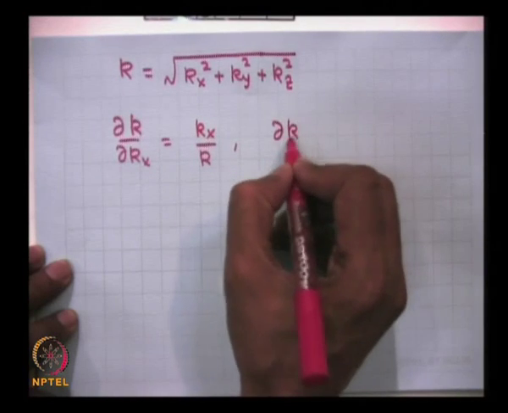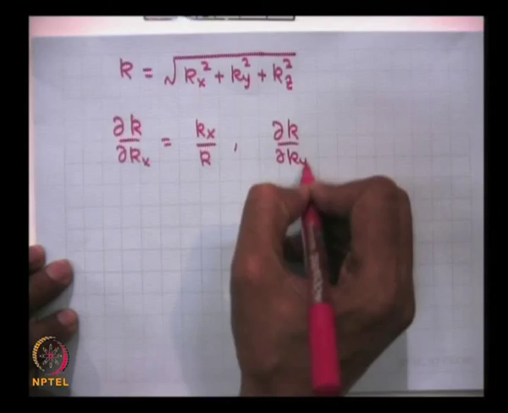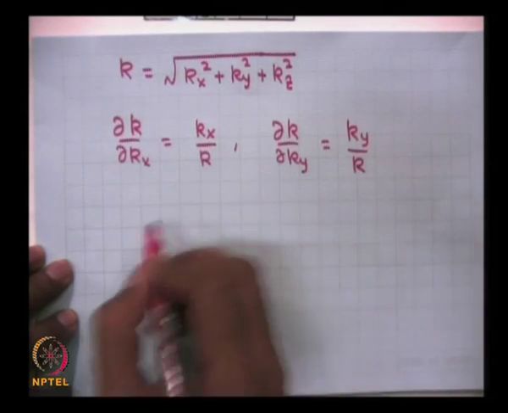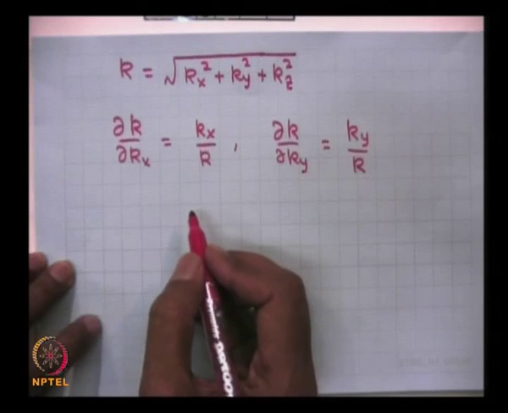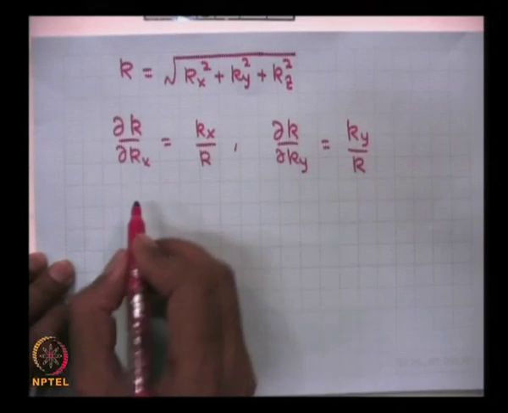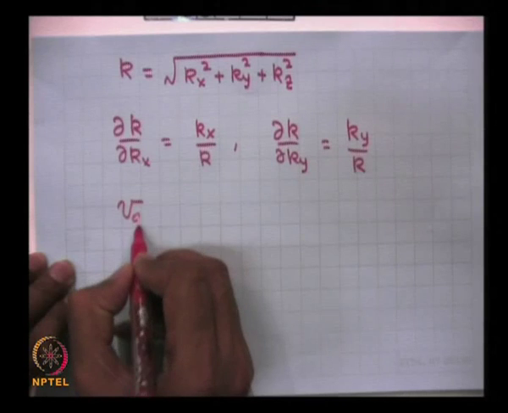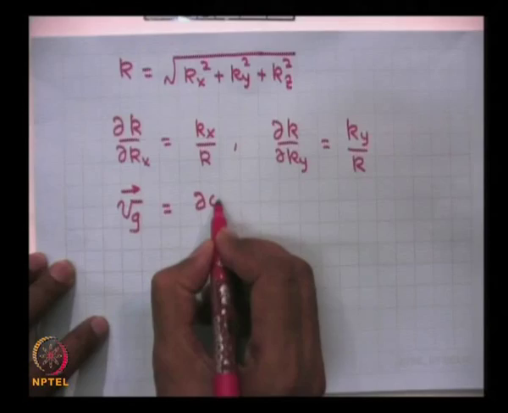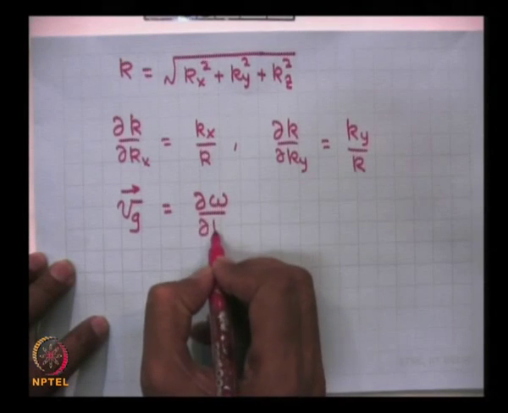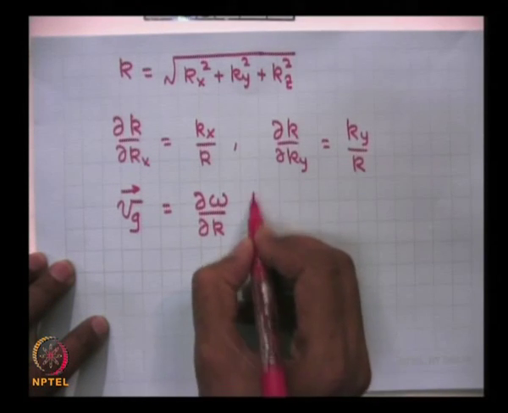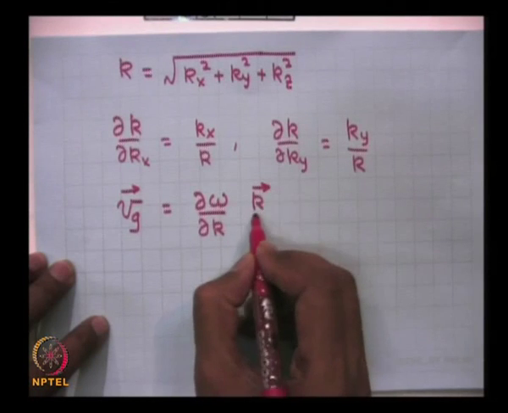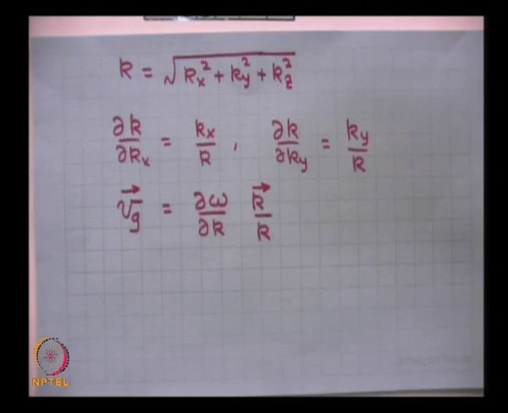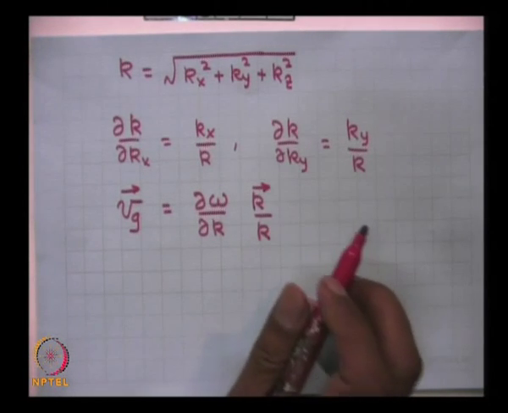Similarly, delta k upon delta ky turns out to be equal to ky upon k, and similarly delta k by delta kz you can write. So, what happens is that the group velocity can be written as delta omega by delta k magnitude into k vector upon k, which is the n unit vector, the direction of wave propagation in an isotropic plasma.